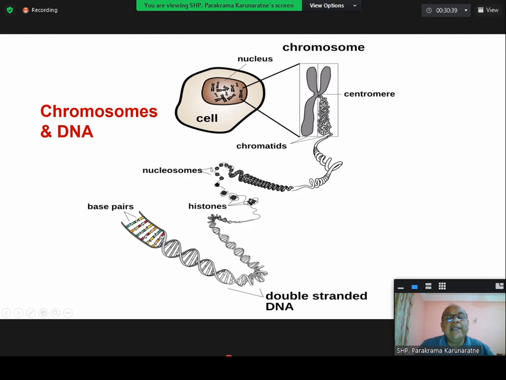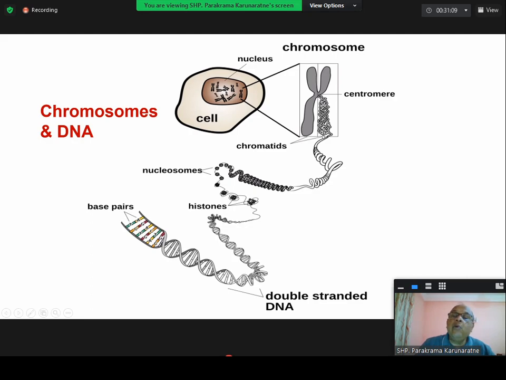These balls are called nucleosomes. Again, these are also very tightly bound or woven, and then ultimately this makes the chromosome. So the chromosome is made up like that. You can see inside the chromosome a very long DNA molecule is there.